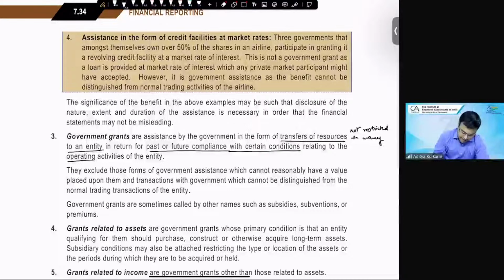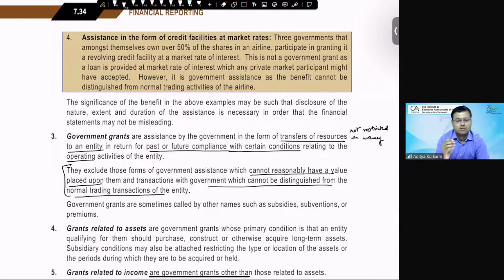Relating to the operating activities of the entity. Okay, so certain conditions will be fulfilled. They exclude those forms, so exclusions, those forms of government assistance which cannot reasonably have a value placed upon them, and transactions with government which cannot be distinguished from the normal trading transactions of the entity.